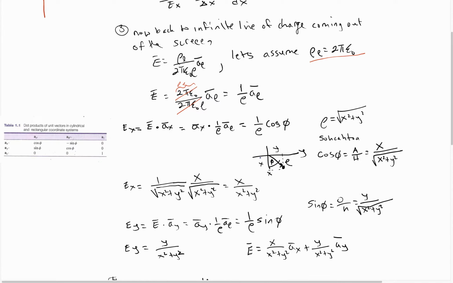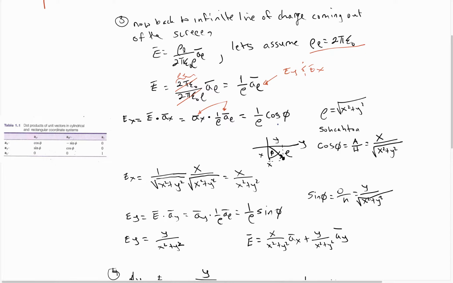Now we want to find out from this equation what E_y and E_x are, the components of the electric field intensity in x and y. We just take the dot product with a_x, and we have to look up in Table 1.1 of the book what this dot product is, and it comes out to be the cosine of phi.